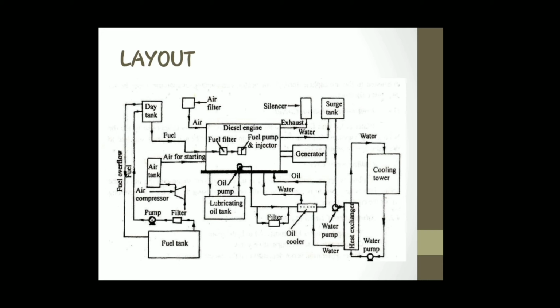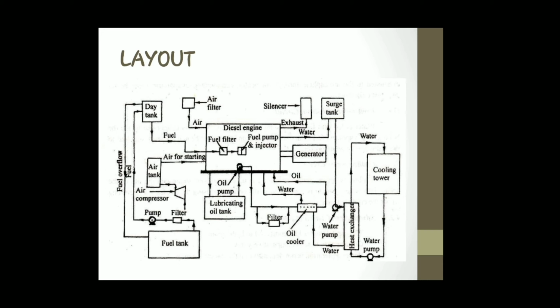From the atmosphere, the air is taken to the engine by means of this air filter. After the combustion, the exhaust gases move out from the diesel engine and go to the silencer, or you can say the tailpipe.